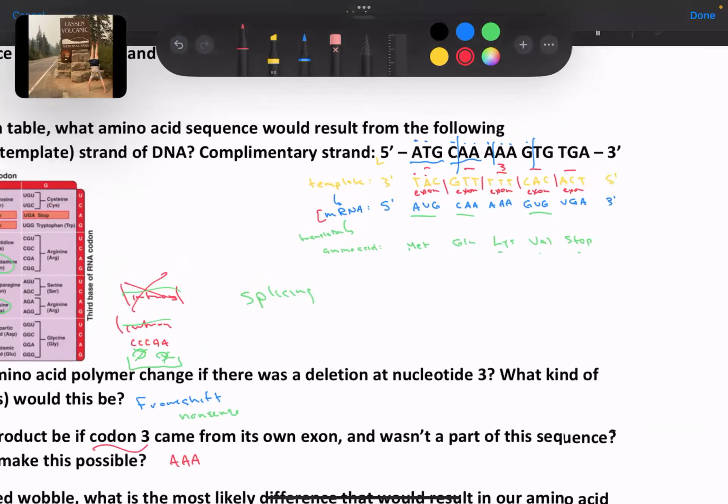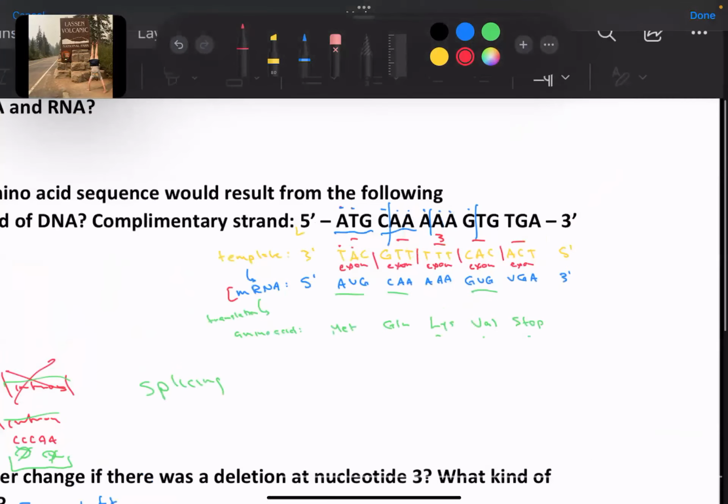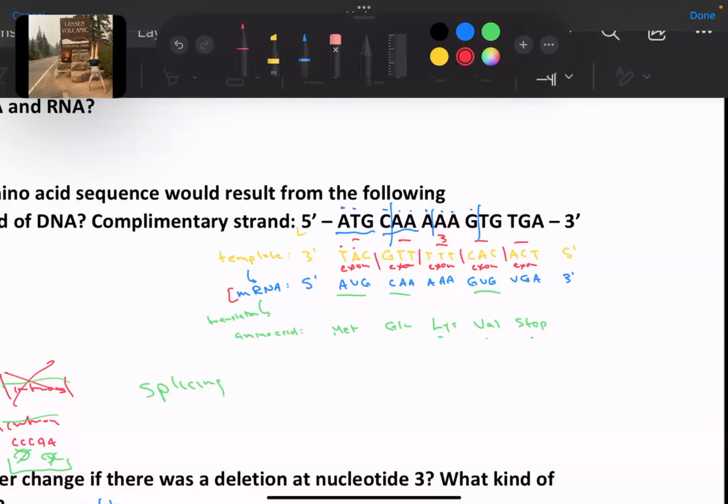And let's say that this wasn't what was spliced together, because we have our exons, and usually they're separated by introns, but we cut out the introns and attach the exons together. What if we did that, but we left out one of the exons?